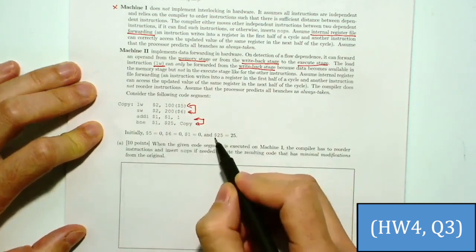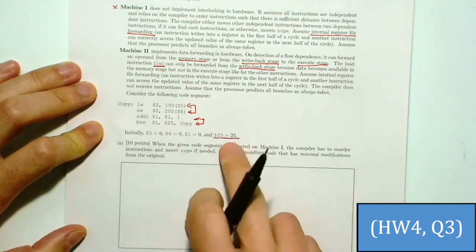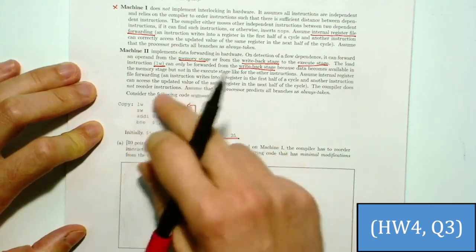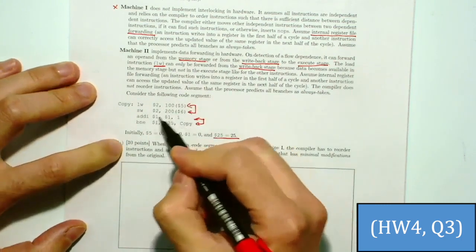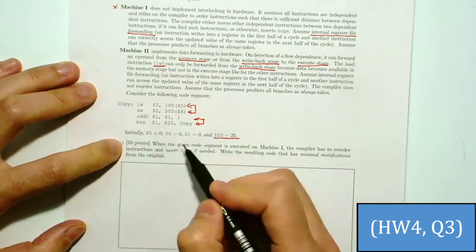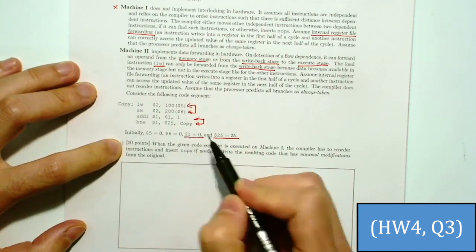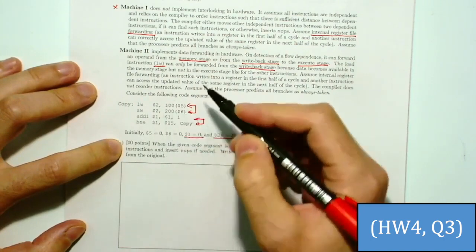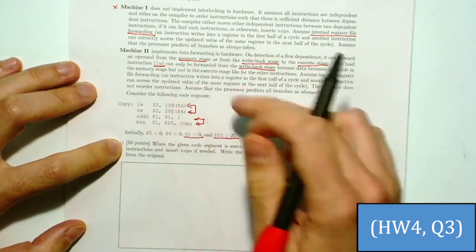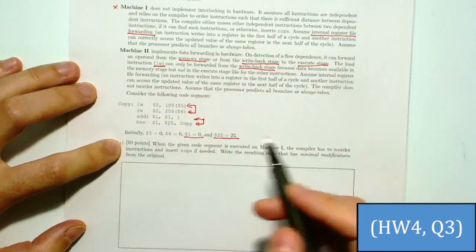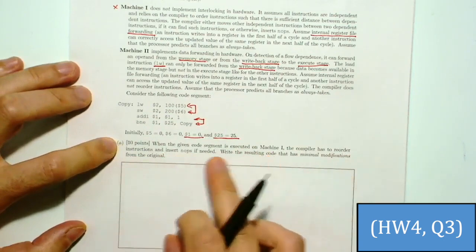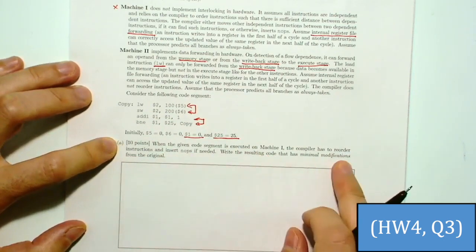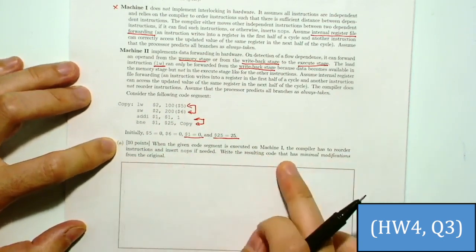The content of register 25 is 25, so we execute this loop basically 25 times, because the initial value of register 1 is 0, and in each loop we increment this register. When the code is executed on machine 1, the compiler has to reorder instructions and insert nops if needed, with the resulting code having minimal modification from the original.